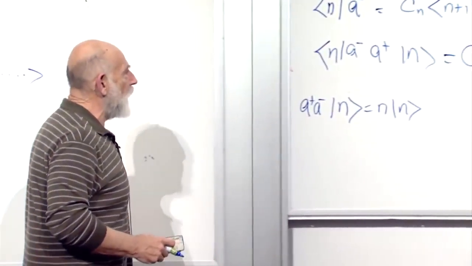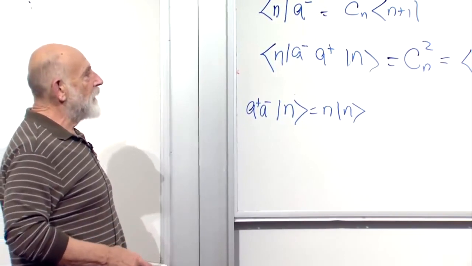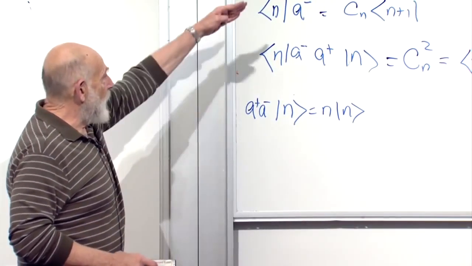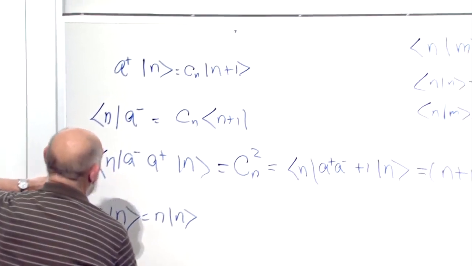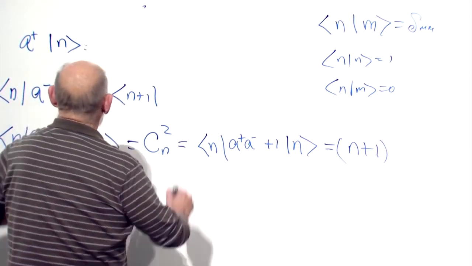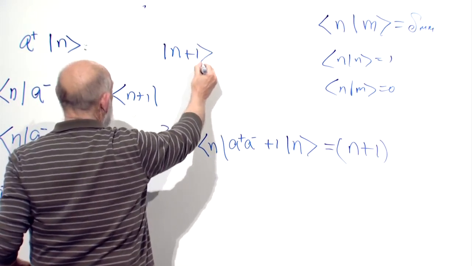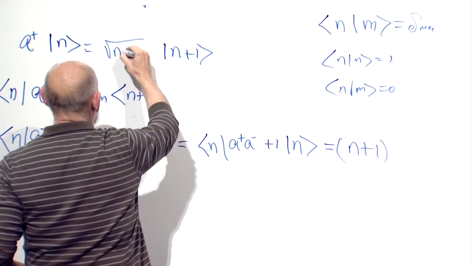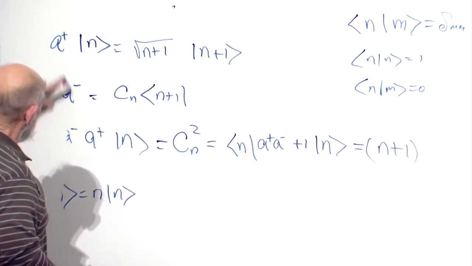Cn squared is equal to n plus 1, and therefore Cn is the square root of n plus 1. We now know what the creation operator does in all of its glory. It increases the occupation number by 1, and it multiplies by the number square root of n plus 1. We can get rid of the rest of this. We don't need it anymore.